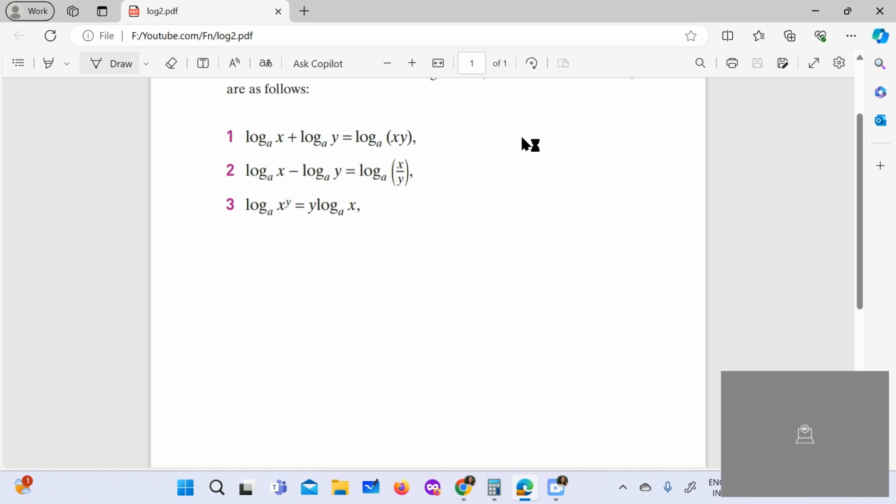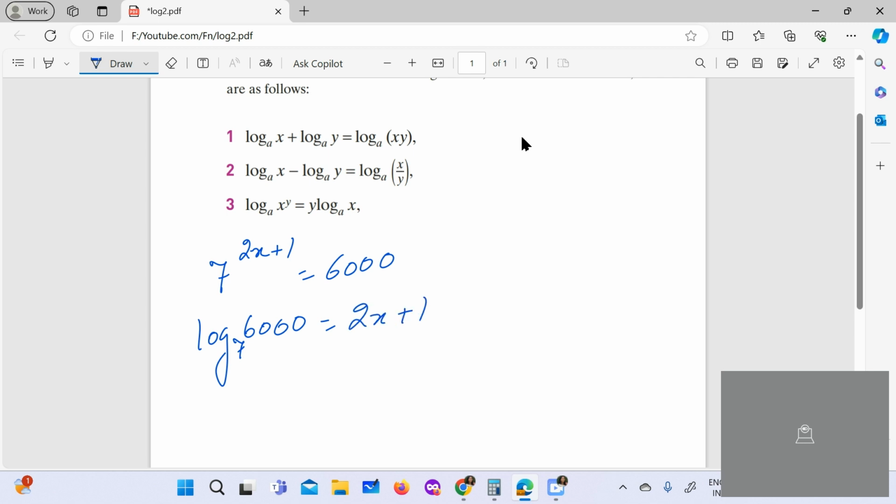Now suppose 7 to the power of 2x plus 1 equals 6000. Okay, how can you solve this now? See, we write again this thing in the logarithm form. So you will write this as log base 7 of 6000 equals 2x plus 1, right?